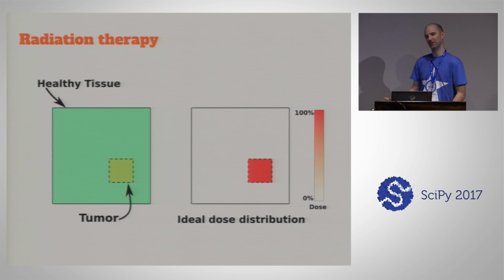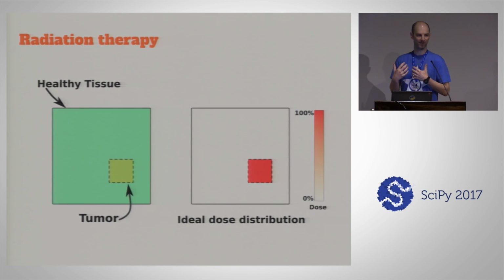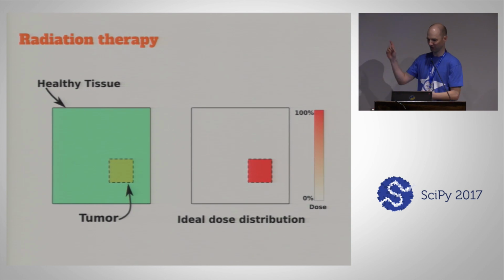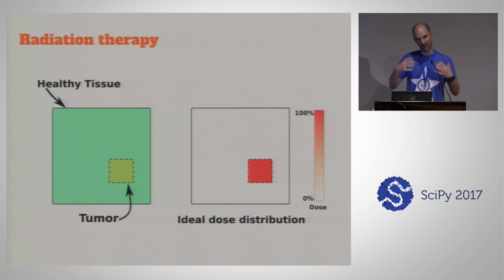The goal of radiation therapy is to deliver a dose of radiation that will kill the target cells. That basically means the tumor, but at the same time you want to spare the healthy surrounding tissue and organs as much as possible. So you can see this absolutely idealized diagram. Basically you've got your tumor, which is the smaller green square, surrounded by healthy tissue.